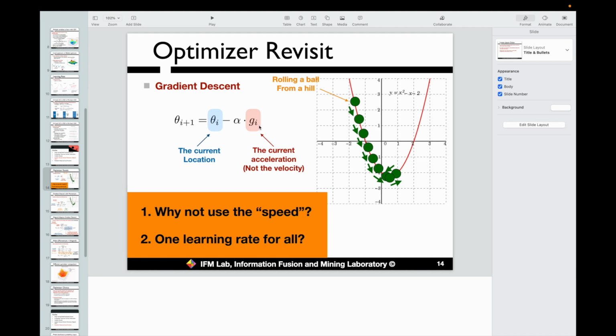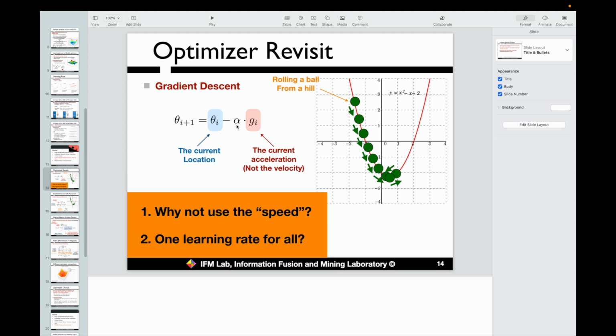It equals the current acceleration of the ball, because we are calculating the partial derivative of the loss function regarding the variable at some location. It denotes the trend for the function. It corresponds to the acceleration of the ball at a certain location. It's not the velocity, it's not the speed of the ball.